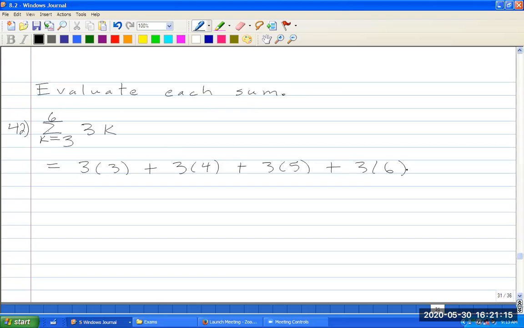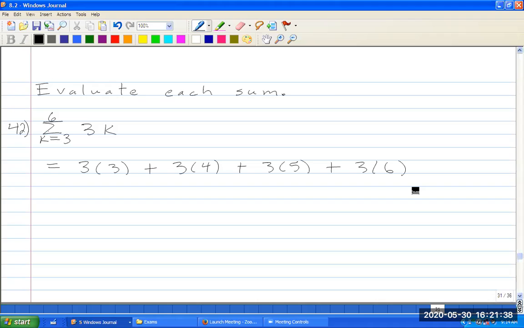Now I stop because it says to start when k is 3, but I want to stop when k is 6. So I keep replacing each of these k's by the natural numbers, starting at 3, ending at 6. And once I calculate each of those, I add them up.